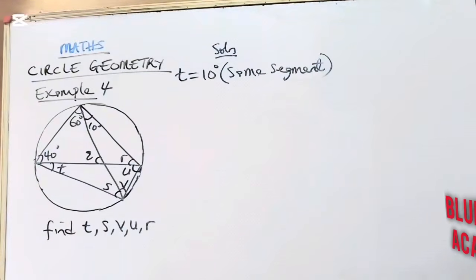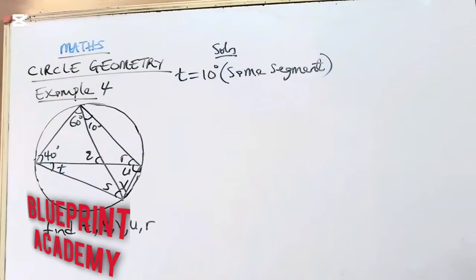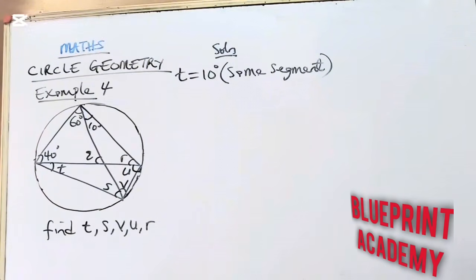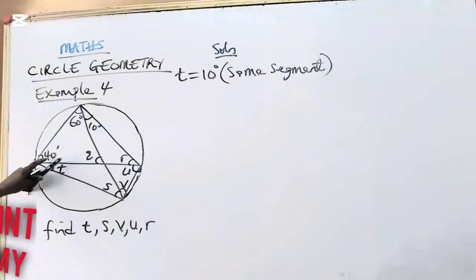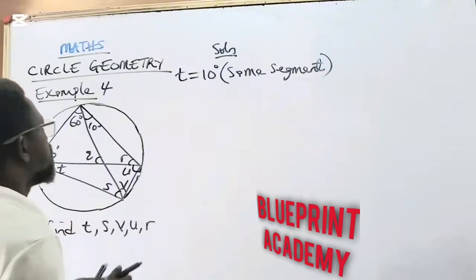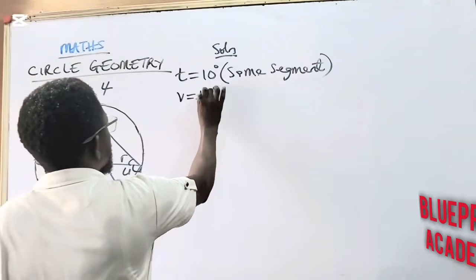The next thing I can get from here: 40 and V, they are in the same segment. V equals 40 degrees.